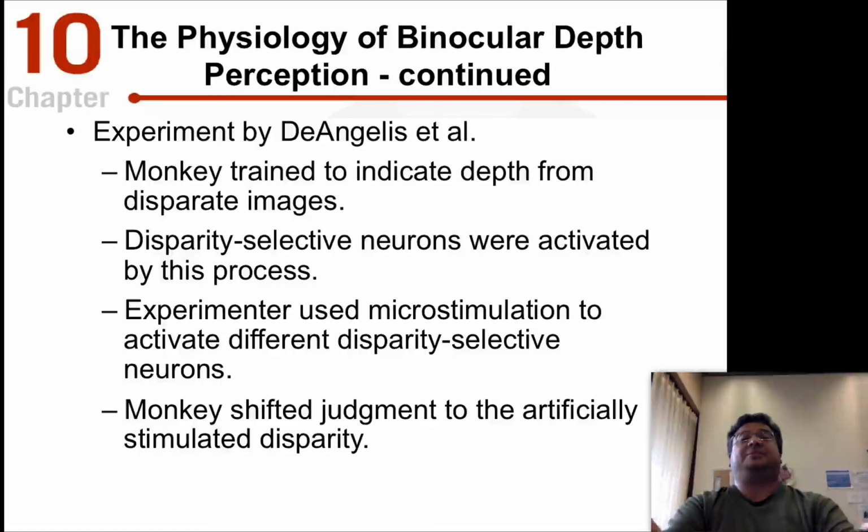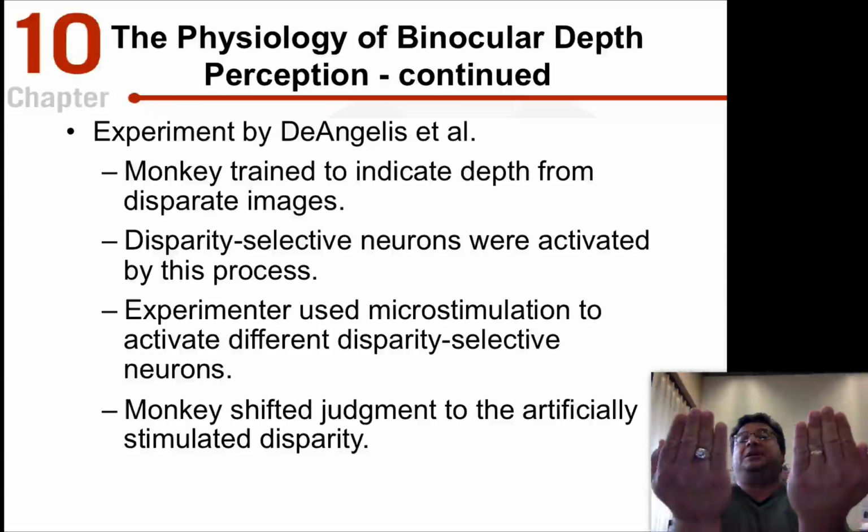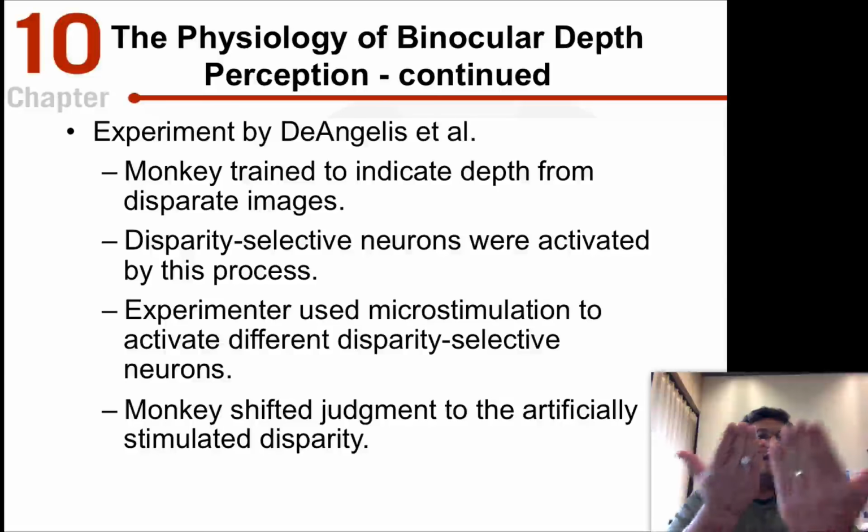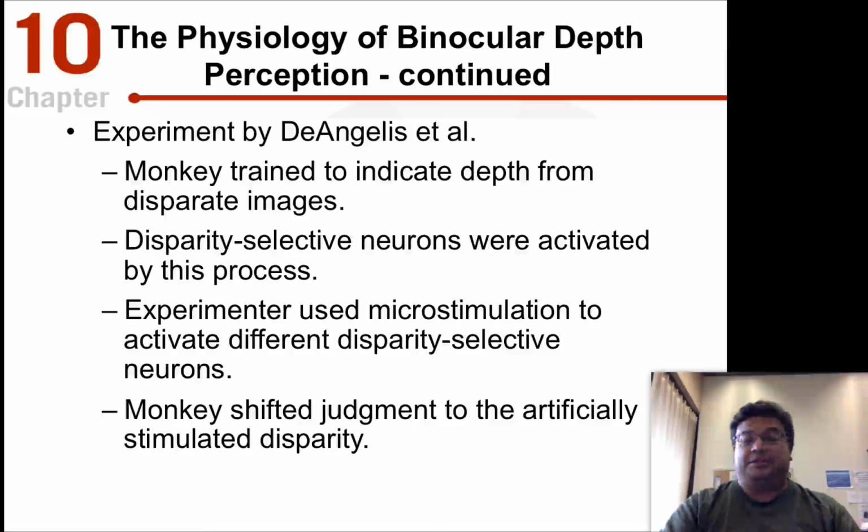So if the monkey was looking at something where, say, two trees were next to each other, and then they stimulated this disparity selective neuron, the monkey would say, "Oh, there's depth there," and it would indicate that by doing its behavior that it was trained to do, which is pretty neat, and it gives us very convincing data that shows that not only do these neurons respond when the retina has this disparity, but these neurons are also part of the process that enables us to actually perceive depth.